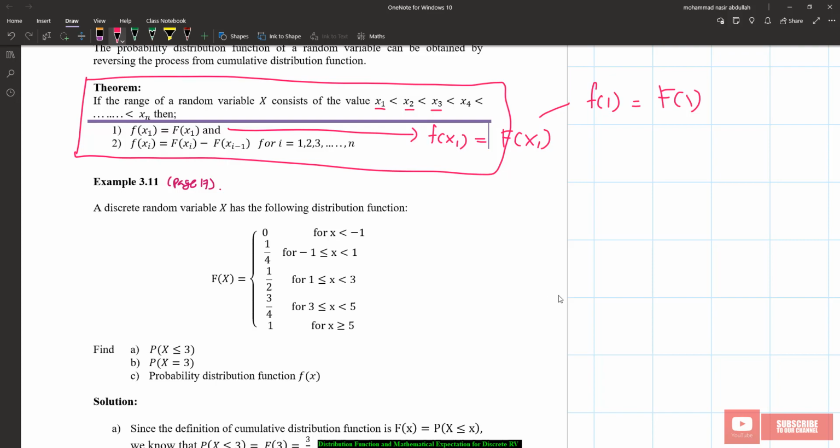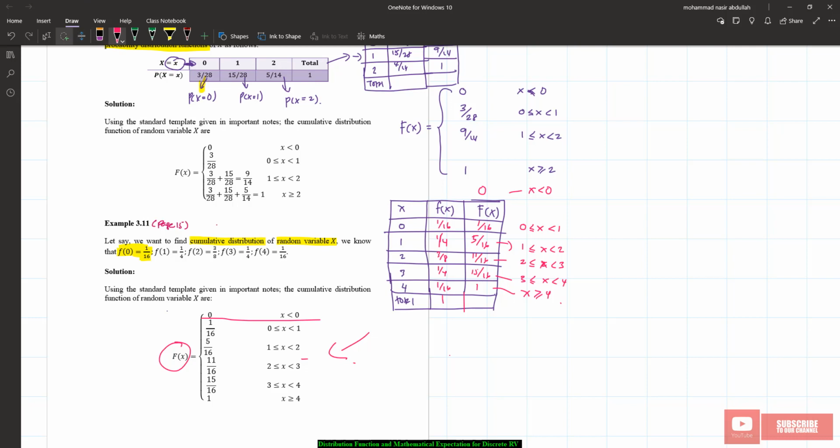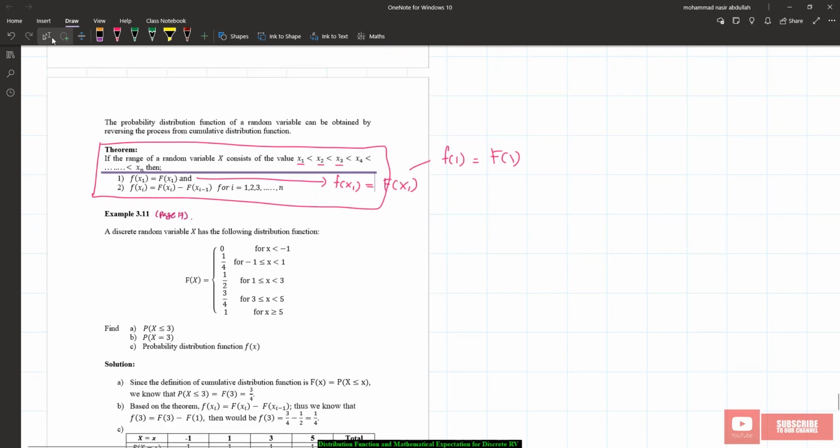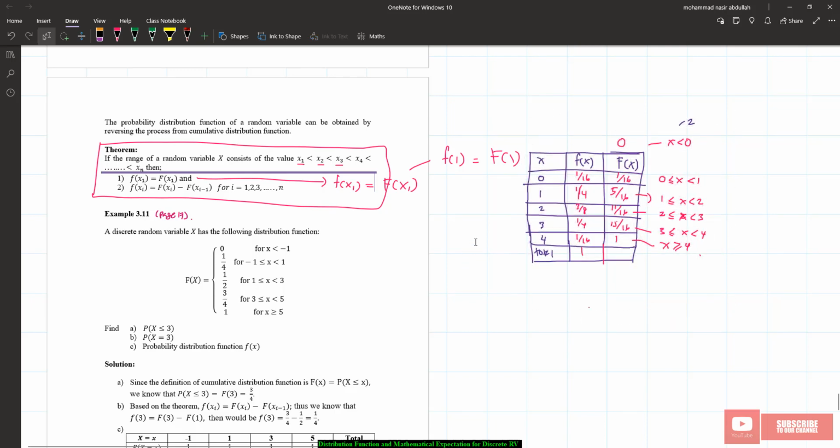So always refer to the cumulative frequency table. Here fx1 means the first row. The probability distribution is the same as the cumulative distribution.